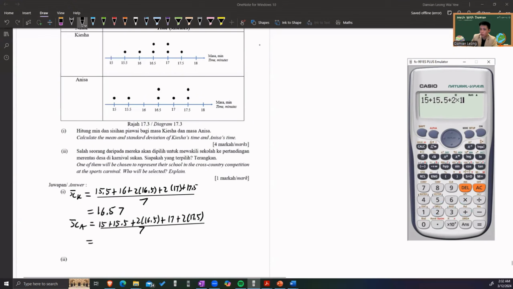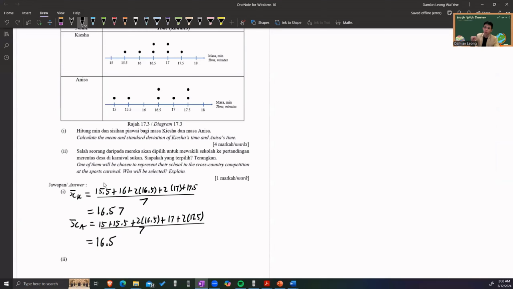I get 16.5. So you can see it's quite similar.